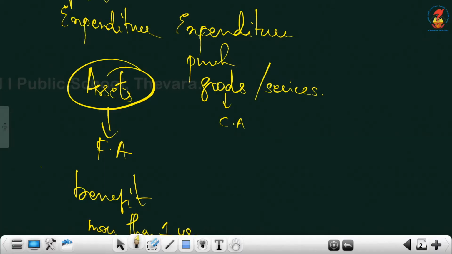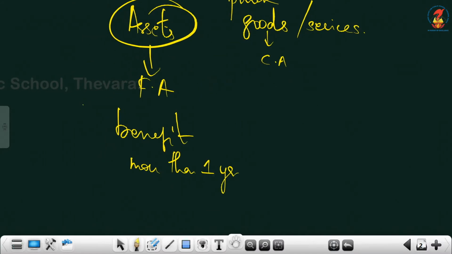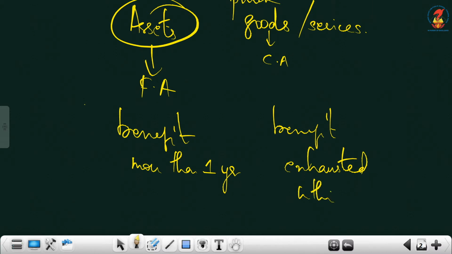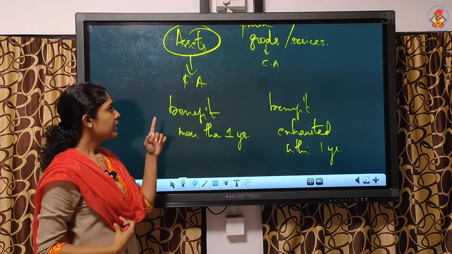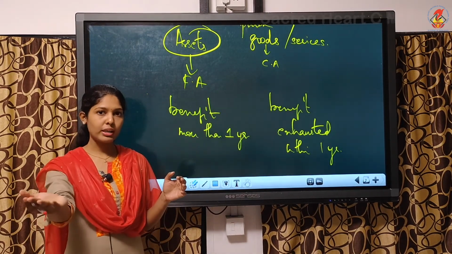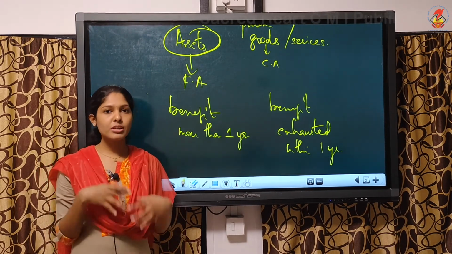Okay. So it is the amount spent or payable against purchase of goods or services, and the benefit will be exhausted within 1 year. The benefit of revenue expenditure will get exhausted within 1 year, whereas capital expenditure, the benefit will be there for more than a period of 1 year, and you will not get the benefit in the first year itself.